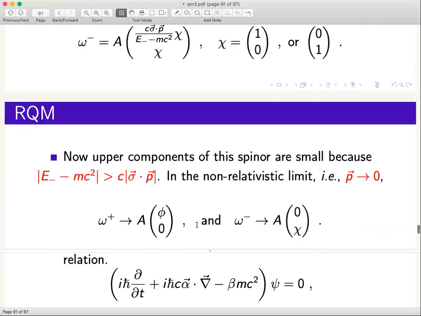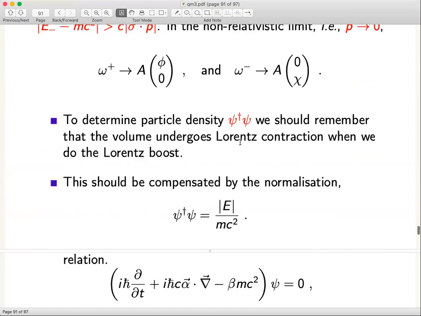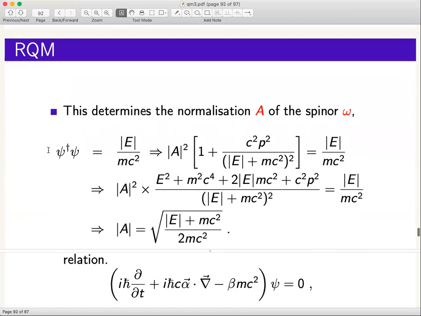If you choose phi or chi, phi dagger phi would just give you 1, and similarly for chi. So when you write psi dagger psi, which you want to be mod E upon mc squared, and substitute the spinor, you get mod A squared times 1 plus c squared p squared upon (mod E plus mc squared) whole squared.